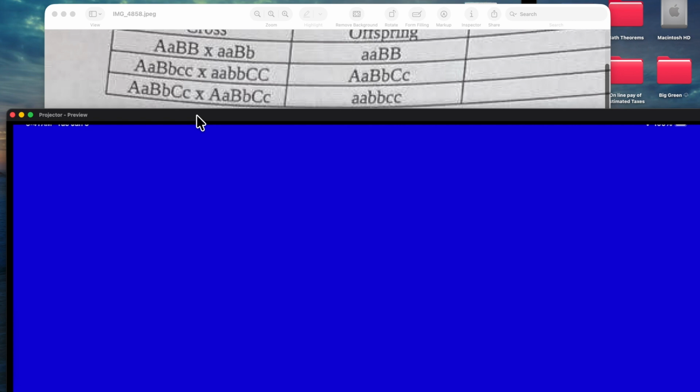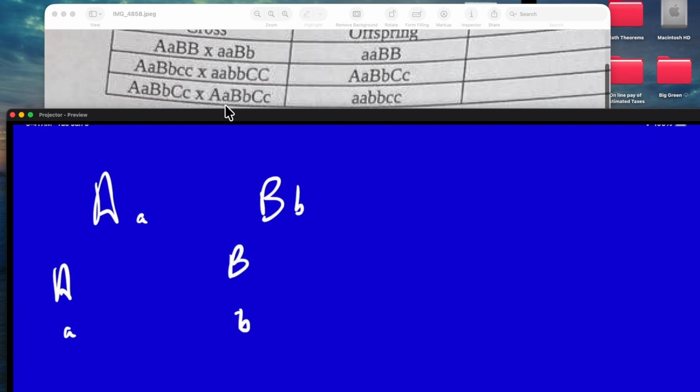In our third and final problem, it's very similar to the one previous. We have heterozygous for the A. We have heterozygous for the B. And we have heterozygous for the C. Okay.